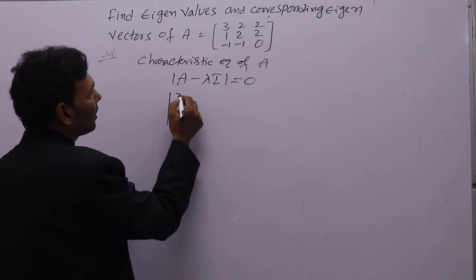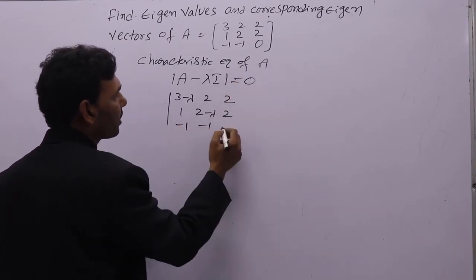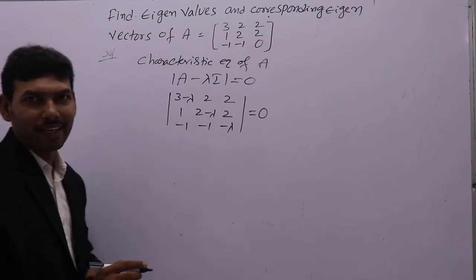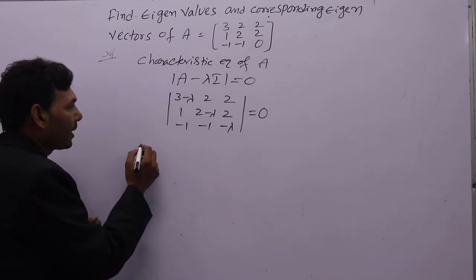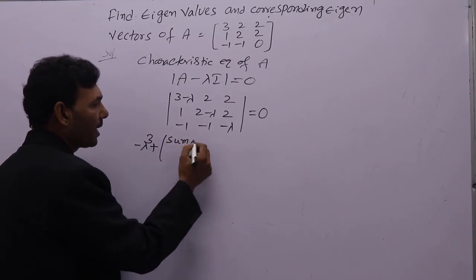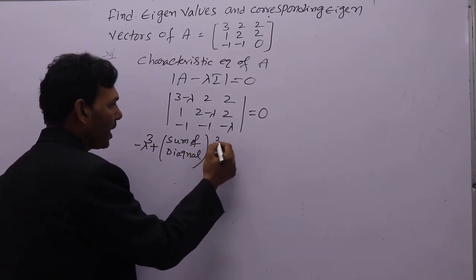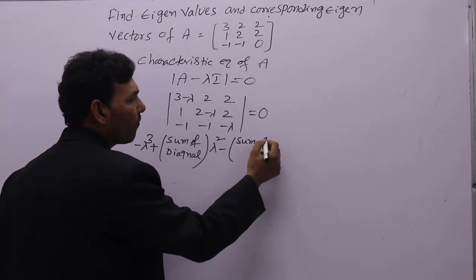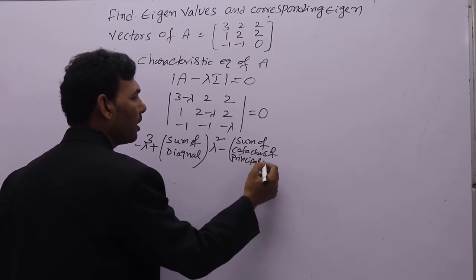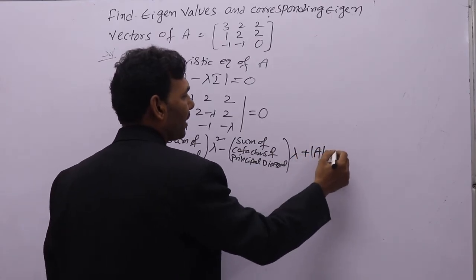The determinant of the matrix with rows (3 minus lambda, 2, 2), (1, 2 minus lambda, 2), (minus 1, 0, minus lambda) equals 0. Now, by using the technique which I said for the previous problem, I am writing it again very clearly: minus lambda cube plus sum of diagonal elements into lambda square minus sum of cofactors of principal diagonal into lambda plus det A equal to 0.